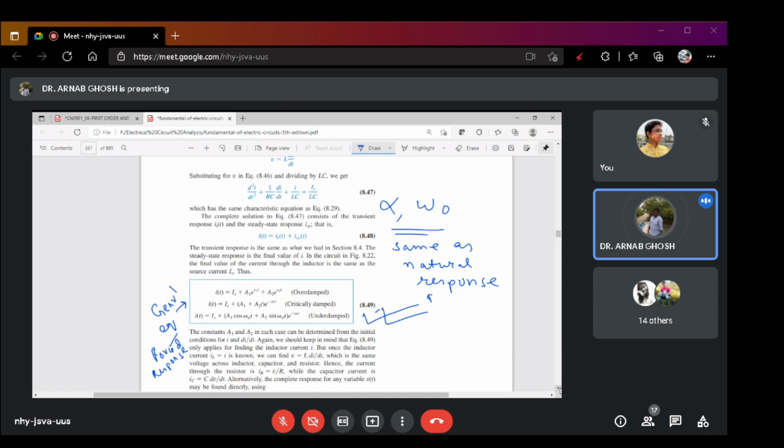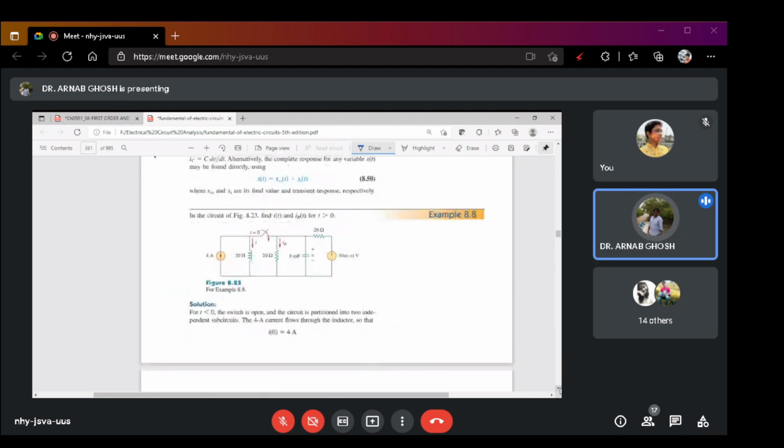Okay. Let's say this is the figure given. This is your inductor, this is your resistance, and this 8 millifarad is your capacitance.